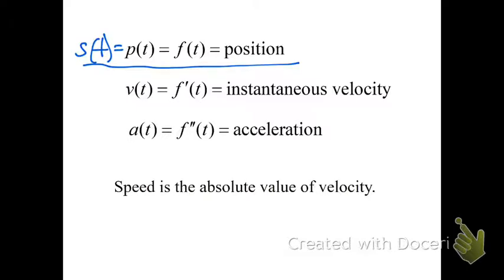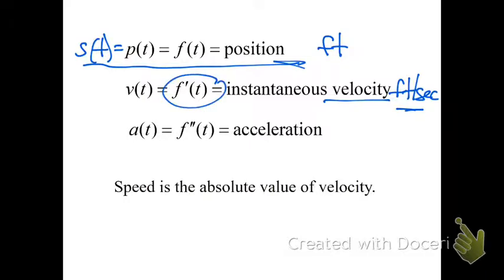Let's say position is given in feet. Then velocity would be how fast you're going. That unit might be feet per second. That's the rate of change of the position, so that's the derivative, okay? So velocity is the derivative of position.